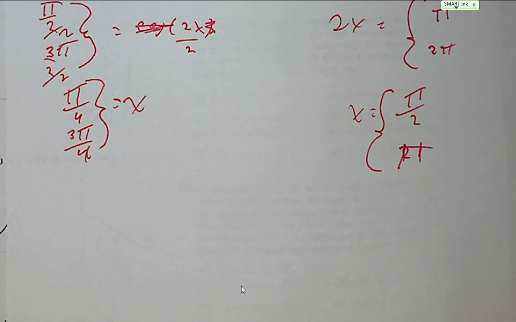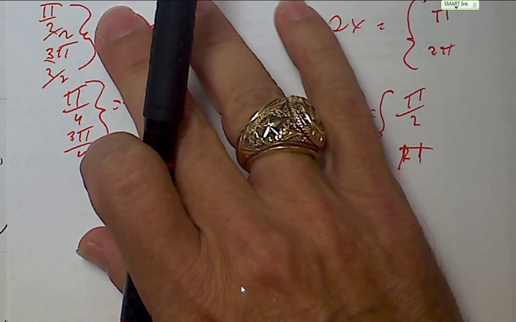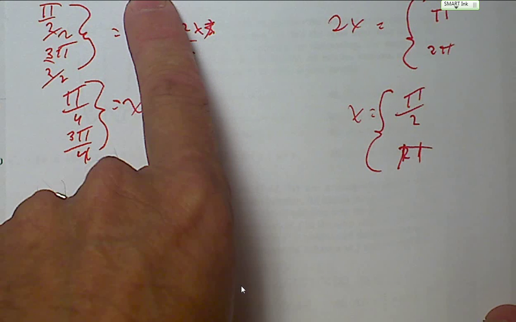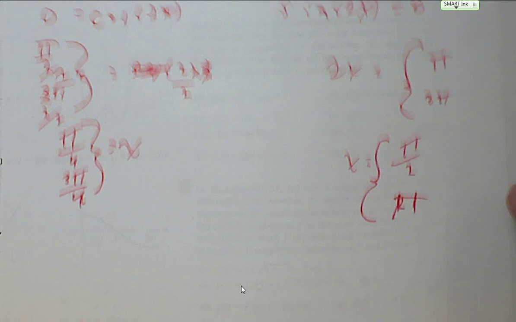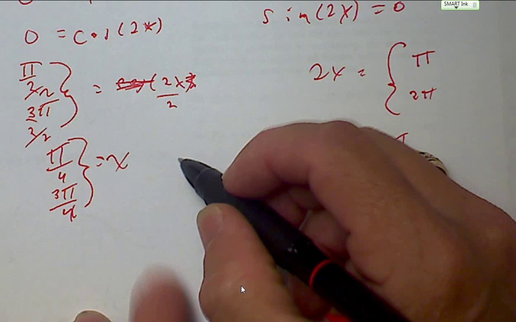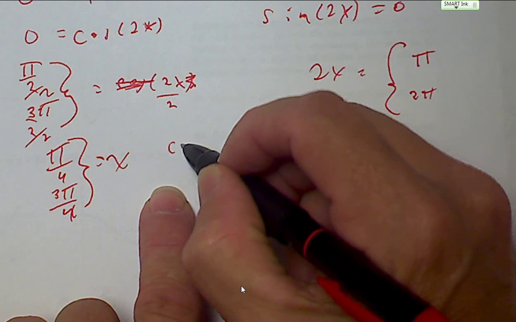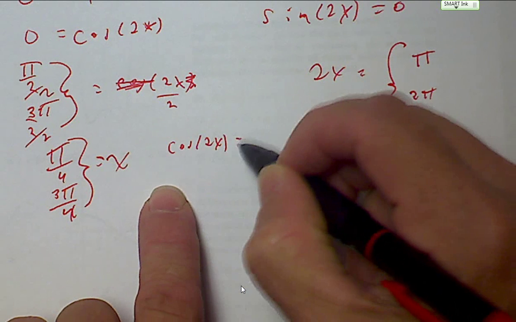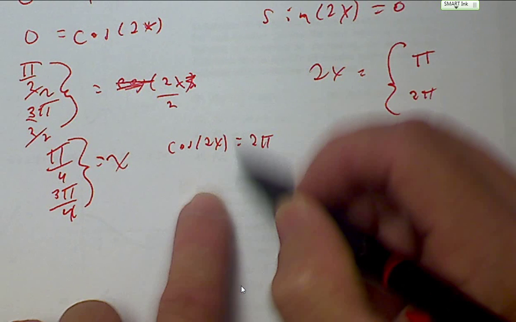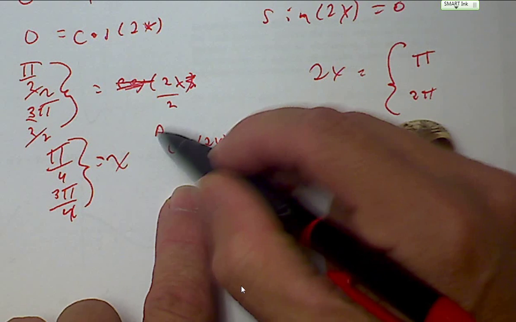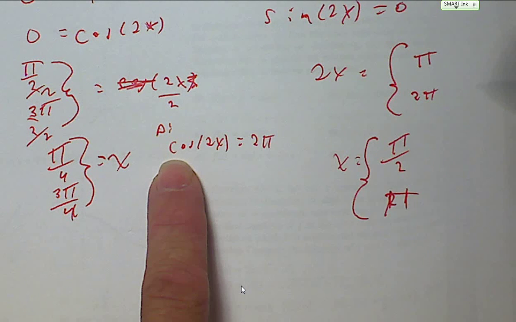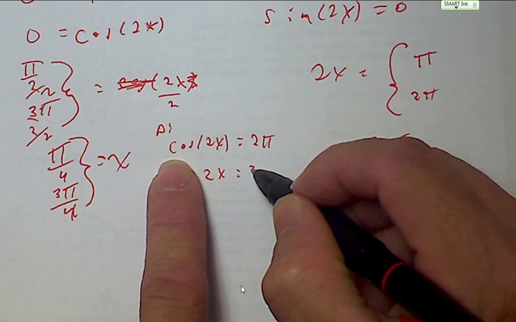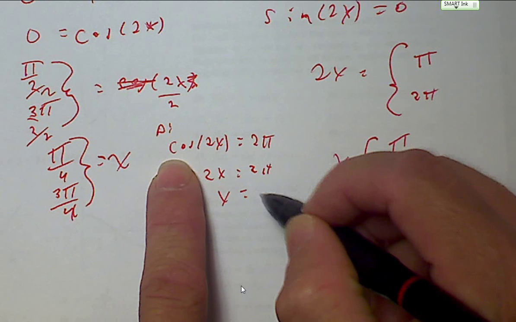I'm also going to have to deal with the fact that the domain of cosine of 2x equals 2 pi means that this is a domain now. Domain of cosine is 2 pi. I have cosine of 2x, which means 2x equals 2 pi, which means x equals pi.